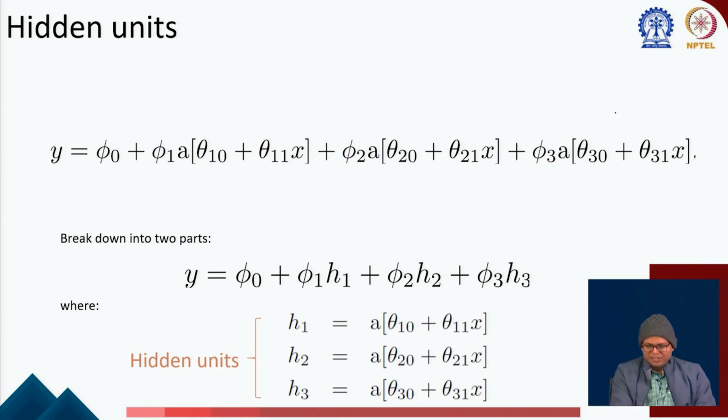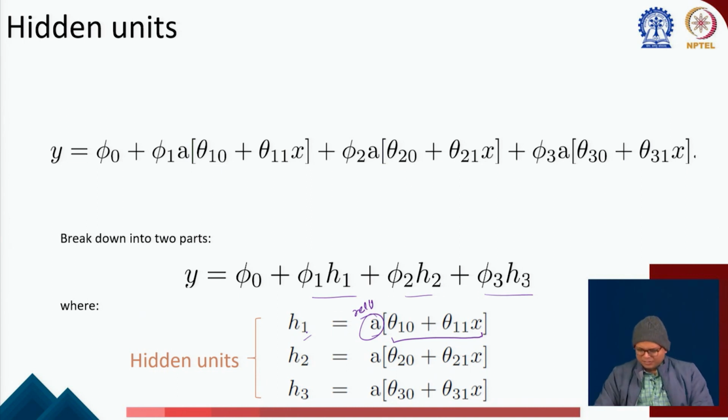We saw already that y is phi naught plus phi 1 h1 plus phi 2 h2 plus phi 3 h3, and each h is nothing but a simple 1D regression with a nonlinearity imposed on that. So it's a linear regression and a nonlinearity, that is ReLU. That's all each hidden unit is.